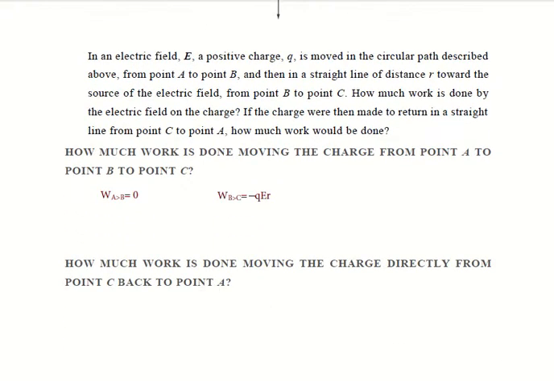So the work from C to A would be exactly the same as the work going from C to B, which would just be the opposite of this. So what's opposite negative QER? Positive QER.